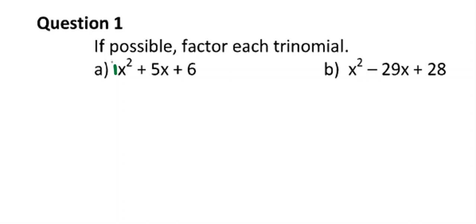That number out front multiplied by the number on the end, those two together multiply to, well, in this case, 1 times 6 is 6. Okay?